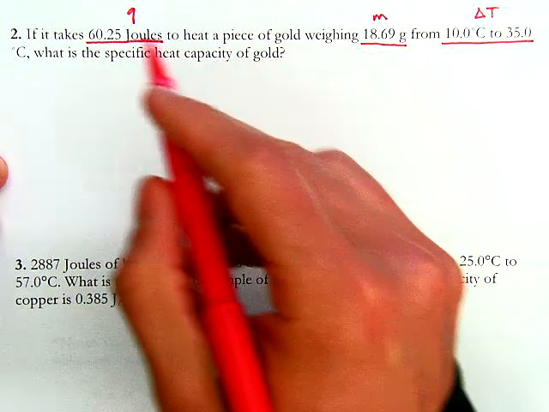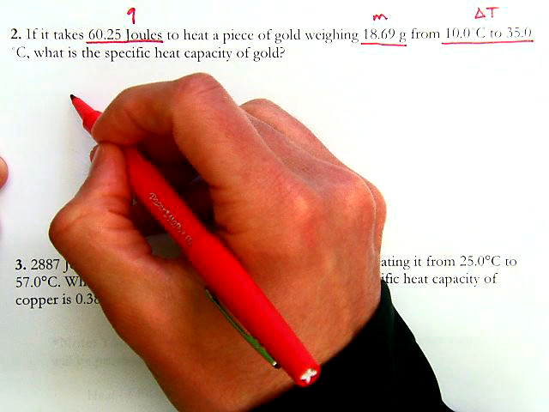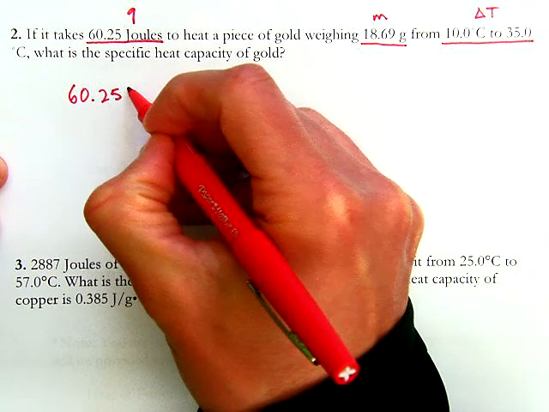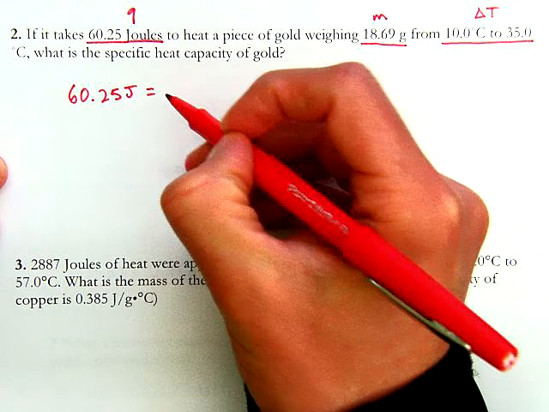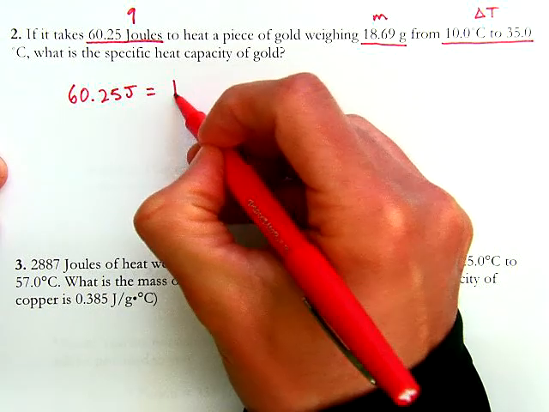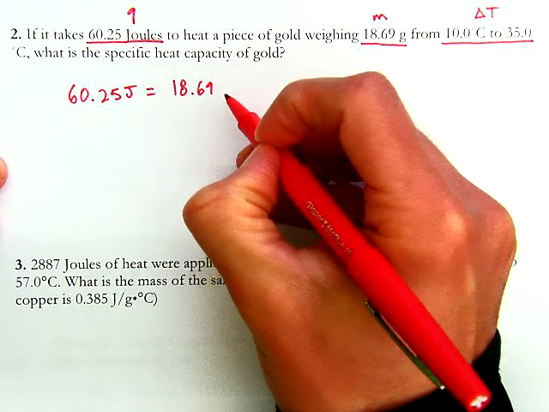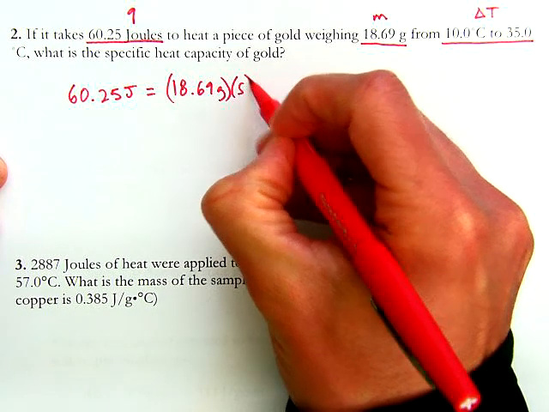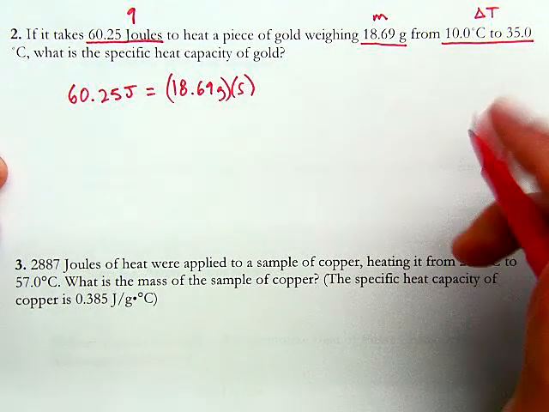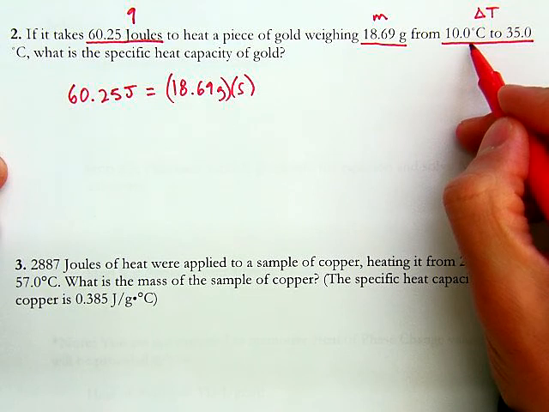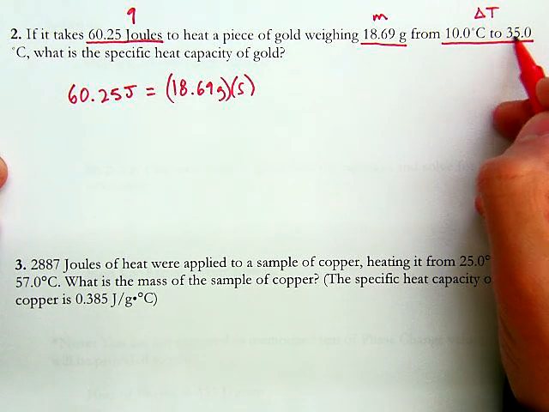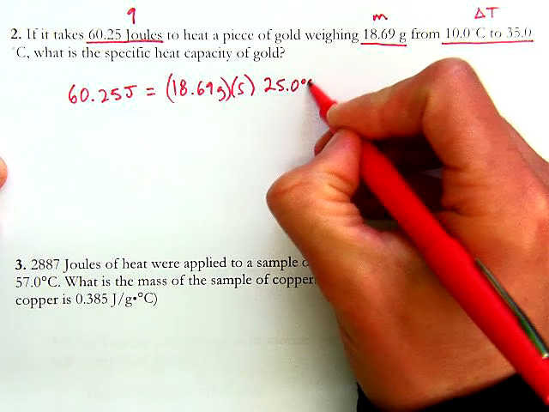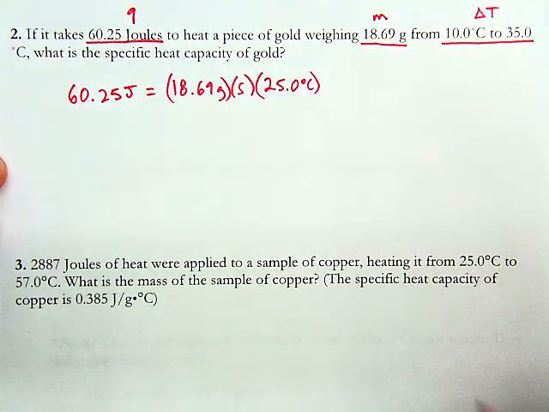So Q is 60.25 joules, and Q equals M, which is 18.69 grams, S, which is what we're solving for, and delta T. Now delta T is final minus initial, so 35 minus 10 is 25. That is our temperature change.